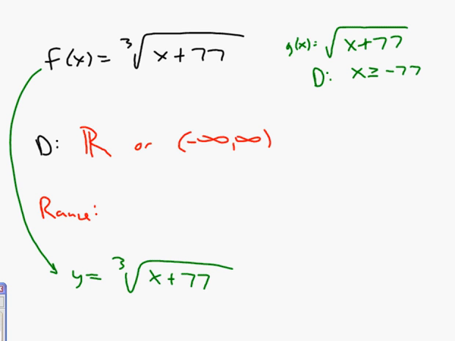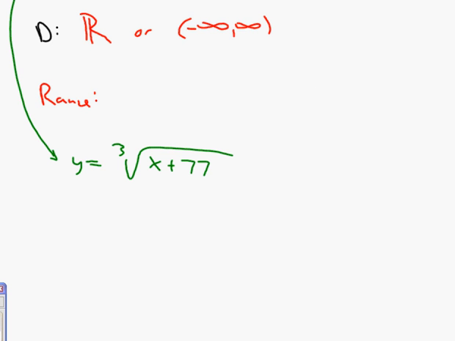Could we get back a really big y value? Suppose I wanted y to be 100,000. Question is, can you solve that for x? And you can, right? You try and solve this for x, everything's going to be fine. You'll get an x value, cube both sides, subtract 77, and it would work. And as a matter of fact, that would work for any number.